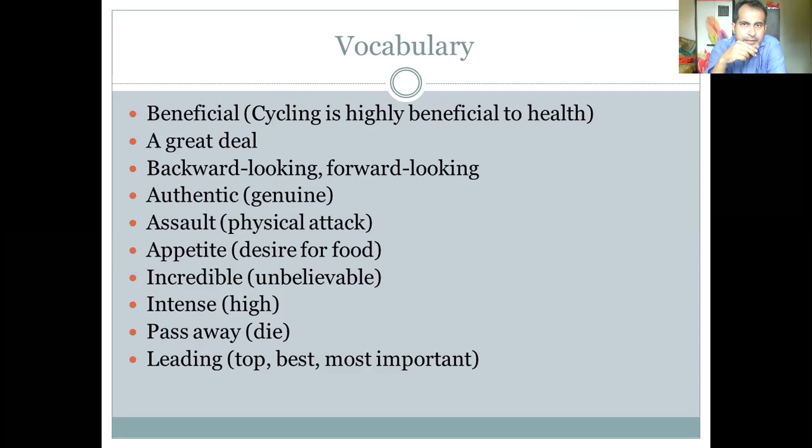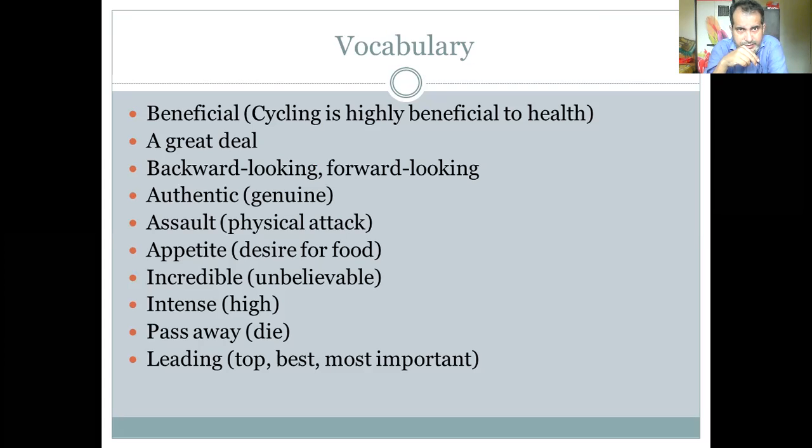So in this example I have used, cycling is very beneficial to health. That means cycling is something that adds some positive aspects to our health. That means it is helpful for our health. So beneficial means helpful.